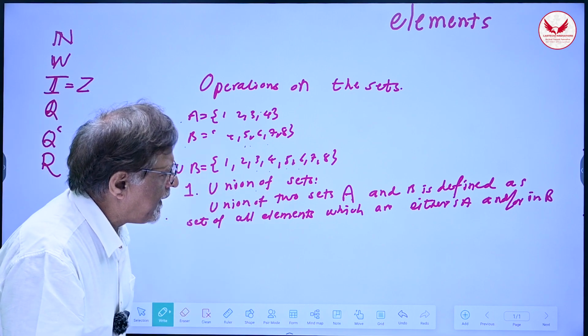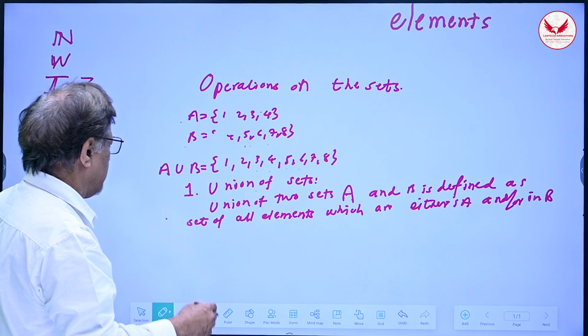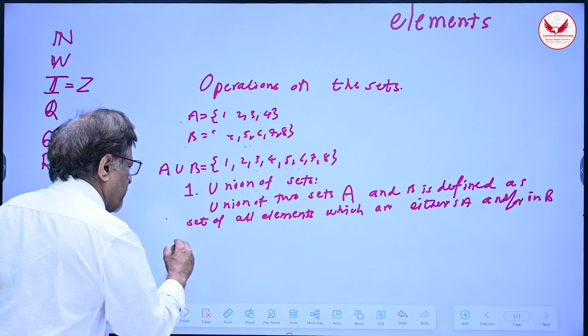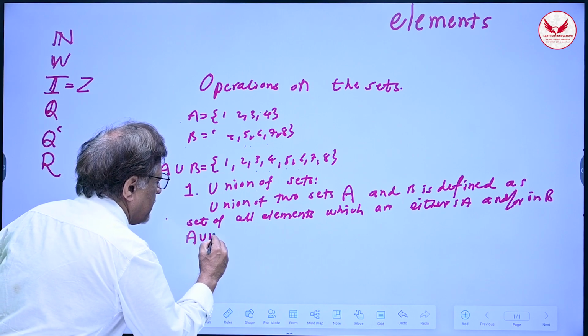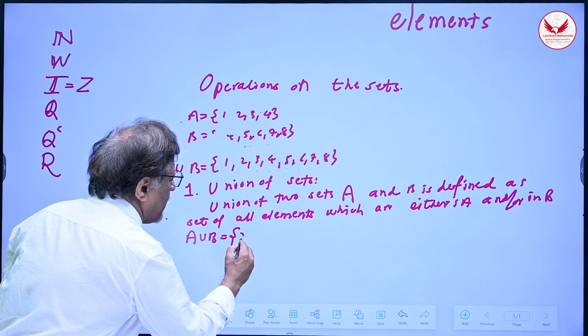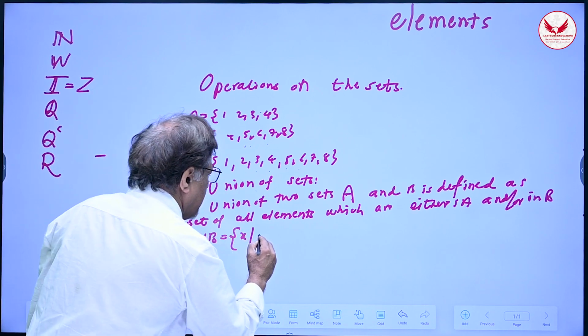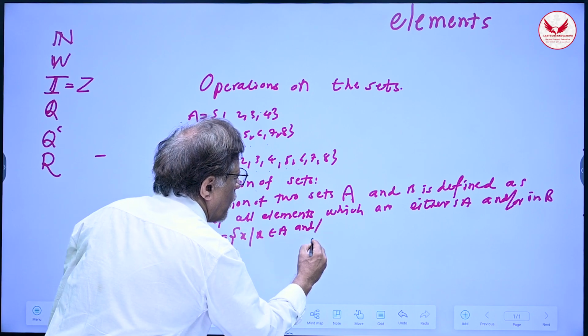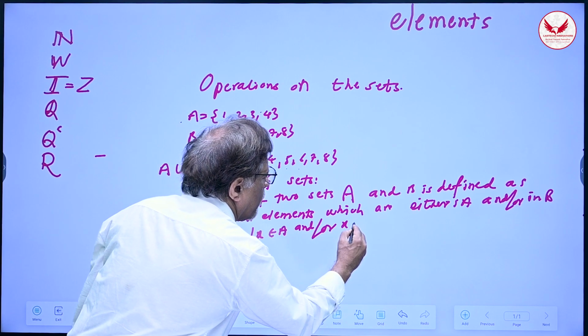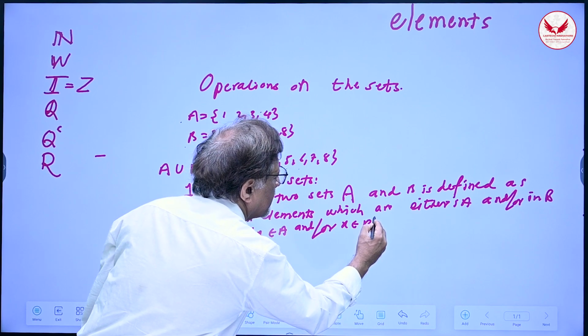That is why the word 'and or'. In a very short form, A union B can be written as the set of all x's such that x belongs to A and or x belongs to B.